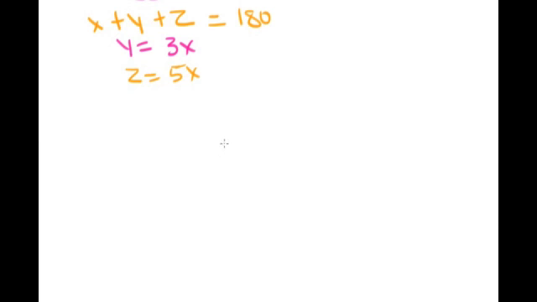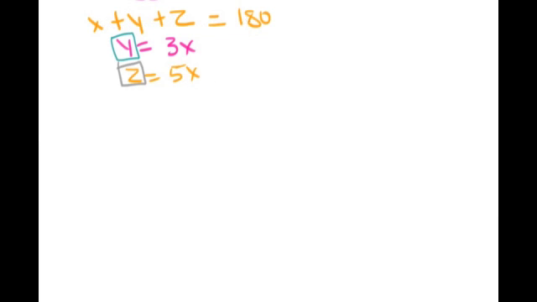How do we do this? We have 3 variables and we have 3 equations. Well, let's try substituting. We know what y is. We know what z is. And they're all in terms of x. So all we have to do is plug it into this first equation.